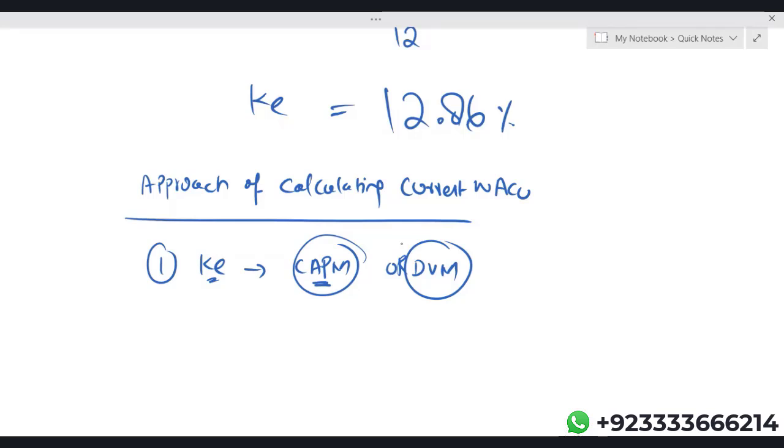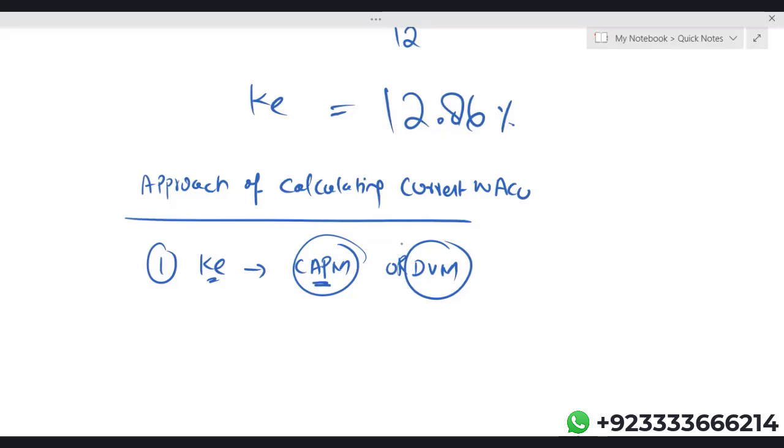So if the examiner gives you a really big amount of data, and by using CAPM you can calculate KE, or let's say in the same question DVM is also applicable and KE is coming, we will always prefer KE from CAPM. One more question and answer. The question is, am I going to get the same result from both formulae?